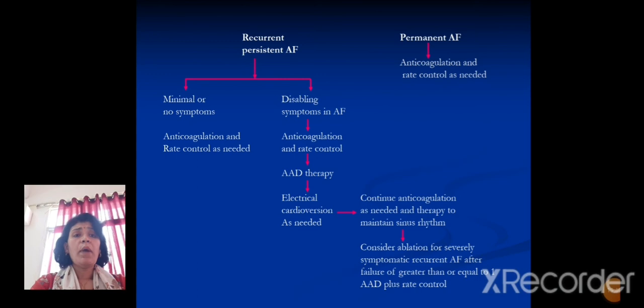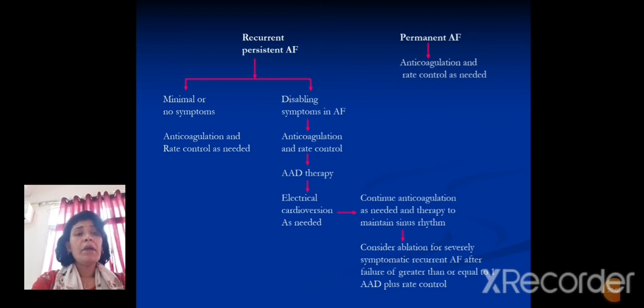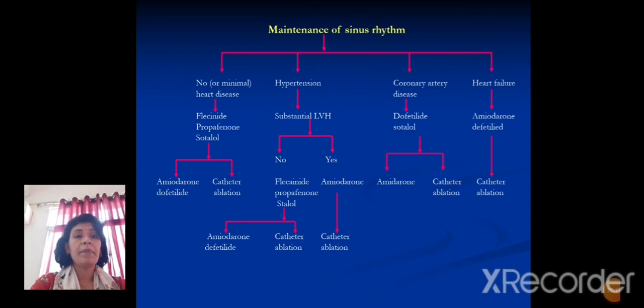While in disabling AF, then anticoagulation and rate control, antiarrhythmic drug therapy, electrical cardioversion are started, and anticoagulation is continued, and therapy to maintain the sinus rhythm also is continued, that is the AED therapy. And if it is not responding, then ablation is considered for the symptomatic recurrent AF. In permanent AF, anticoagulation and rate control as needed is preferred.